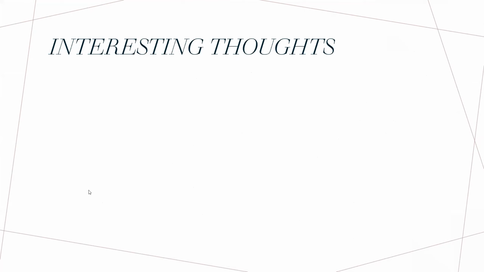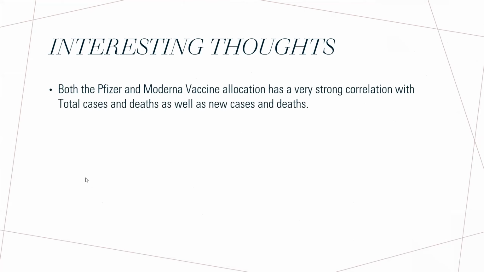So before we go on, I noticed some interesting things I found about the data. Both the Pfizer and Moderna vaccine allocation data had very strong correlation with total cases and deaths as well as new cases and deaths. So that might have led to collinearity problems. But at least the good news is it appears the government is allocating the vaccines based off of cases and deaths rather than, say, population.